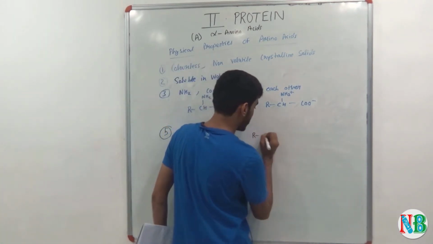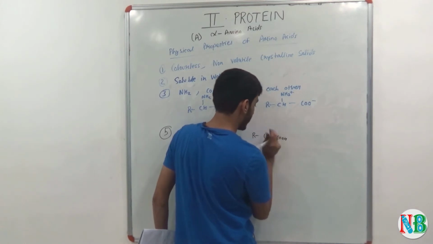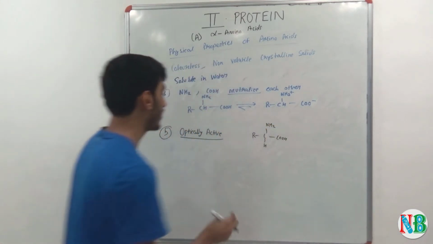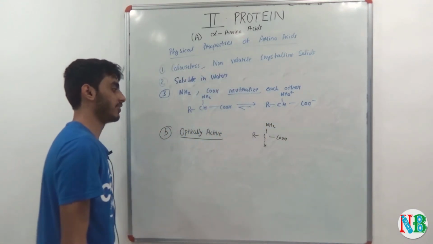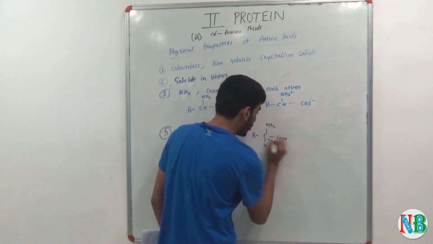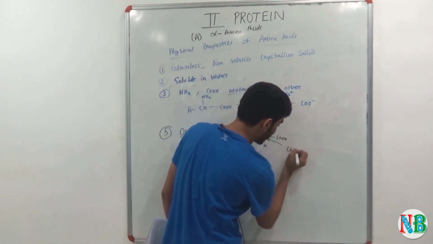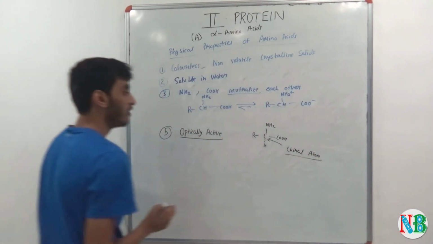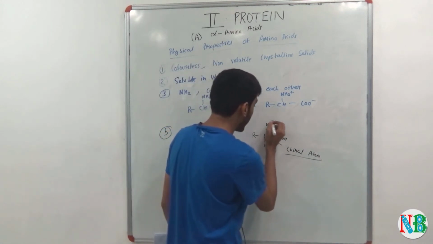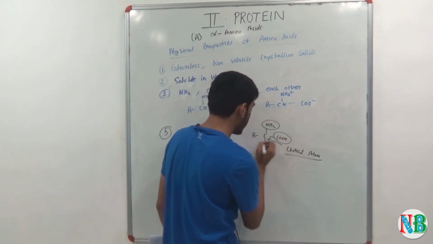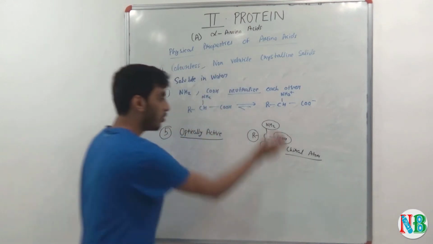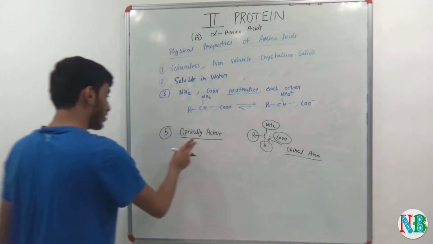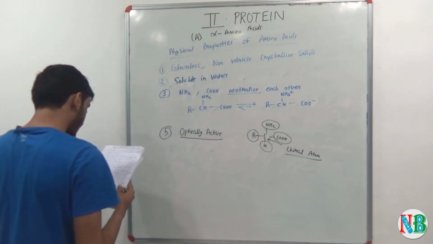Suppose I write it like this, hydrogen, NH2. When is a compound optically active, or when is a carbon known to be a chiral atom? Whenever a carbon is attached with 4 completely different groups, the overall compound is asymmetric and the overall compound comes out to be optically active.